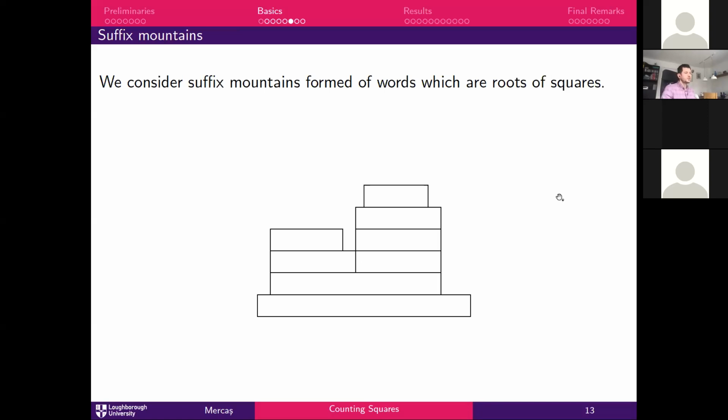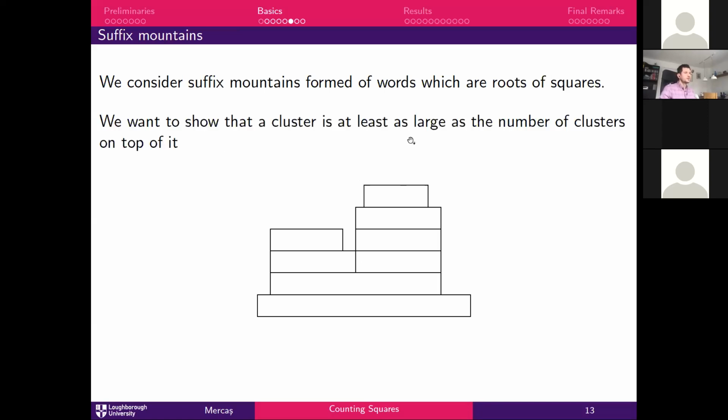And what I will want to show is basically, if I have a bunch of mountains, that the number of clusters that are building up are going to be in the end smaller than the length of the whole cluster at the base.